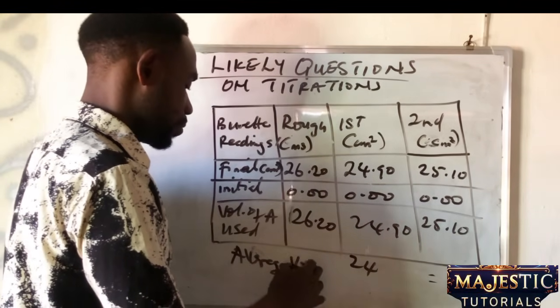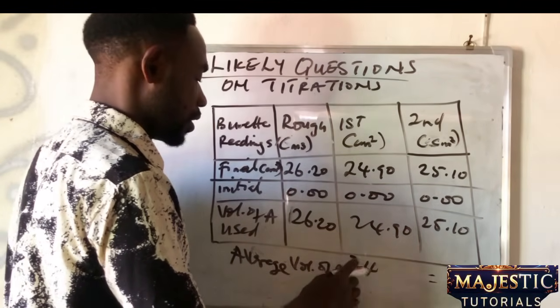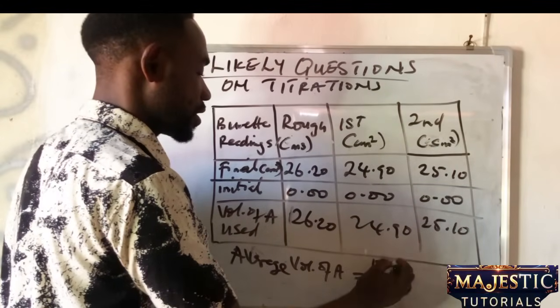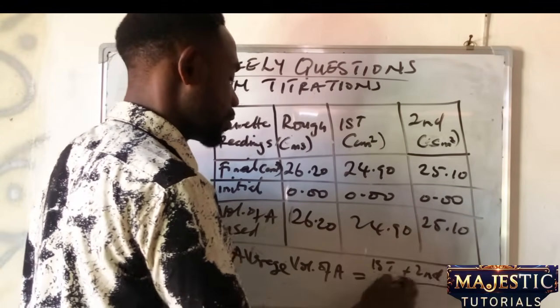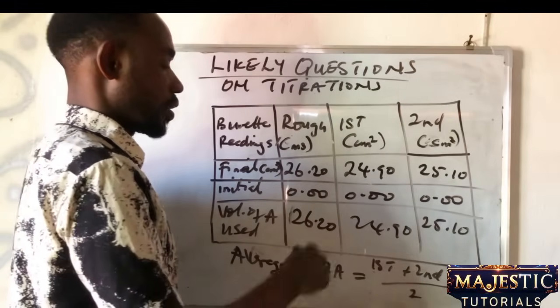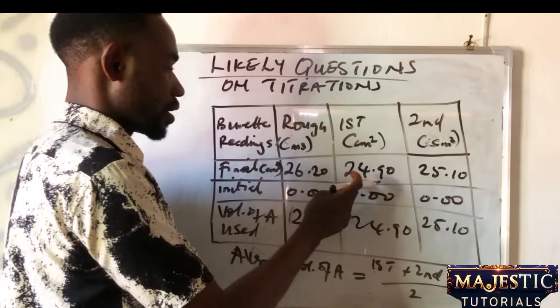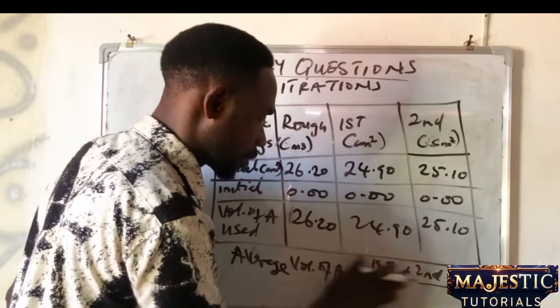average volume of A equals, it is also good if you tell the marker first plus second. If you use 2, you divide by 2. Then in another line, you now say first plus second divided by 2. You now say 24.9. I'm cleaning up this because there is no space.